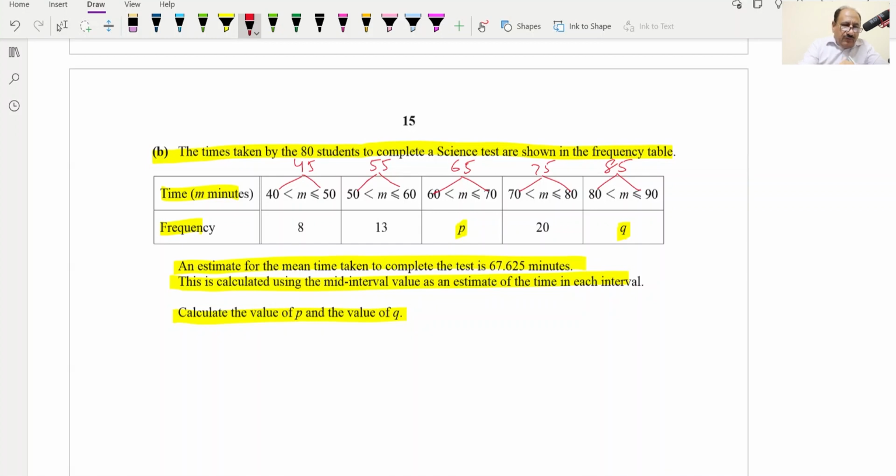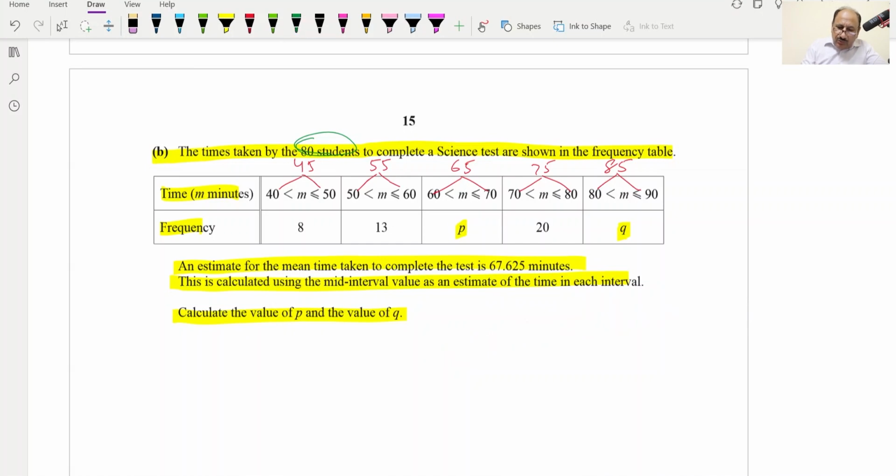one equation. We know that the total is 80 students. So if we add all these, for example, P plus Q will be equal to 80 minus these values, which is 8 plus 13 plus 20. So they are adding up to 80.